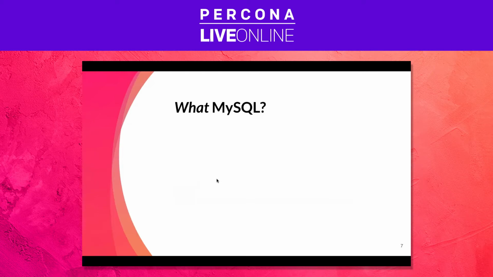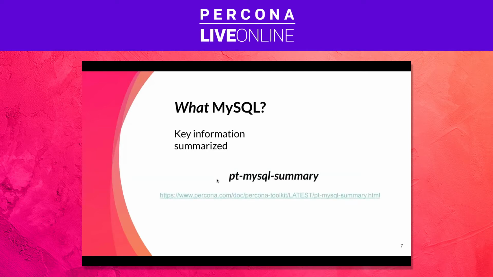Now, what about MySQL? When it comes to inspecting a MySQL server, there is some key information that is helpful to obtain upfront, such as the MySQL distribution and version, if it is a replica, the size of the buffer pool, redo log space, table cache. There is another tool in the Percona Toolkit specific for this, which is pt-mysql-summary.